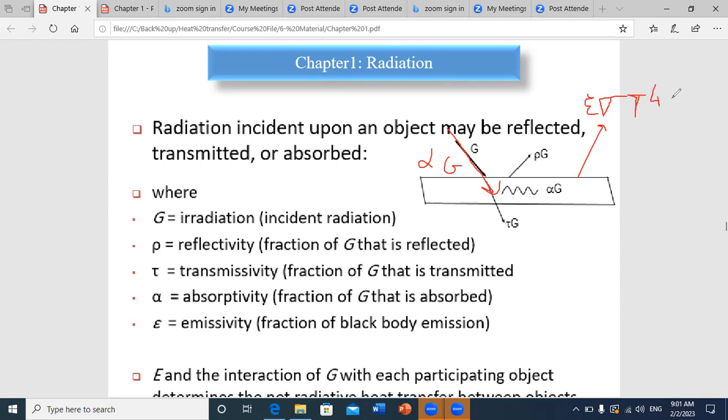This is in watt per meter square. And in watt, you multiply by the area. Okay, so we'll see together. If you want to account for the net radiation flux, you should do the difference between the absorbed one and the emitted one.